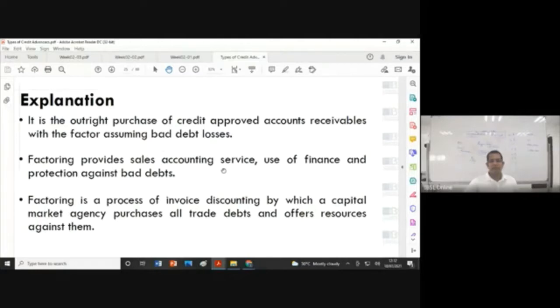Factor provides sales accounting services, use of finance and protection against bad debt. I told you, we will decide to whom we are giving money, and bad debt is borne by the factor. Factoring is a process of invoice discounting by which a capital market agency purchases all trade debtors and offers recourse against them.